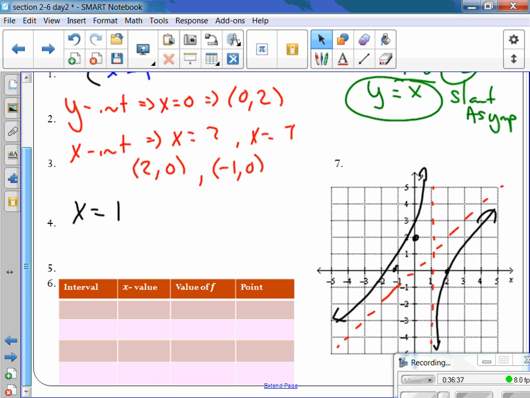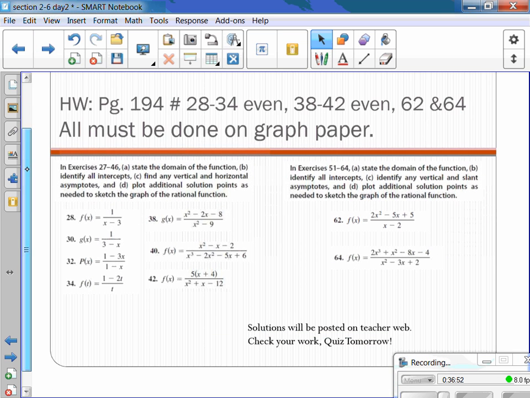Could you go through how you find the x-intercept? How do we find the x-intercept points? To find the x-intercept, we want to find where y is equal to 0, or, since we're dealing with functions, where f of x equals 0.